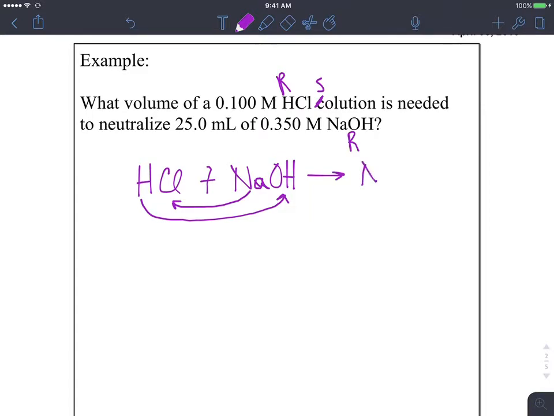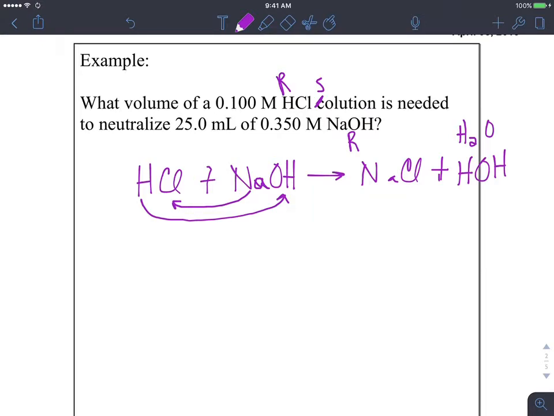So we'll get NaCl, and we'll get HOH. Now, HOH is just a fancy way to write water, remember. But when we do acid-base reactions, sometimes it's useful to continue to write it as HOH so that we are reminded of that dualistic personality where it can also be an acid or a base. So we're going to leave it as HOH.